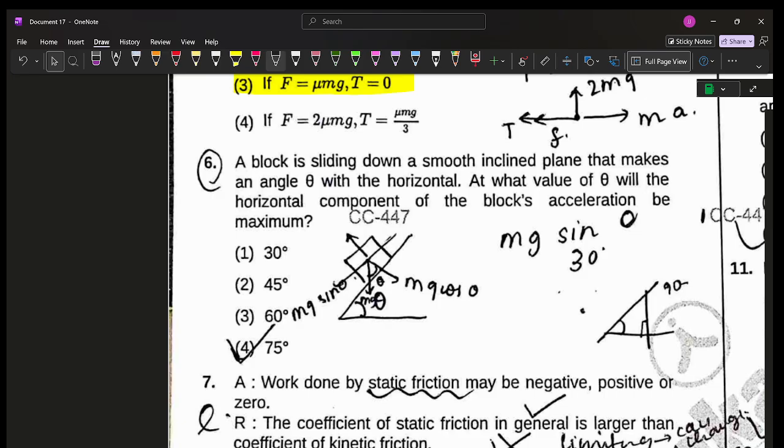Okay, it's telling me the question is much simpler than it looks. The block slides down, okay. We need to find acceleration and we know along the incline.